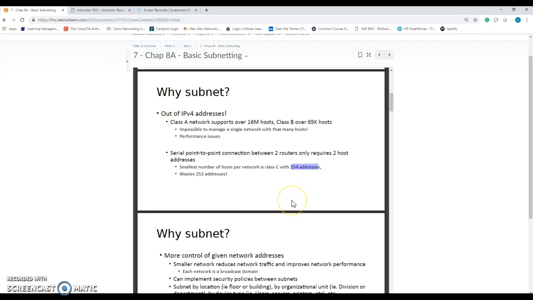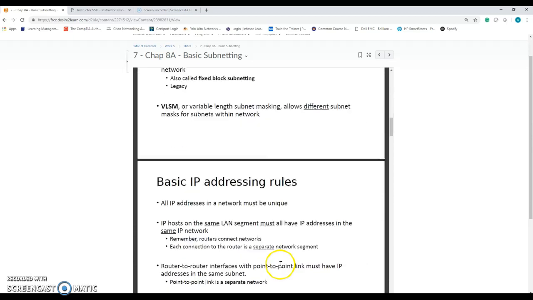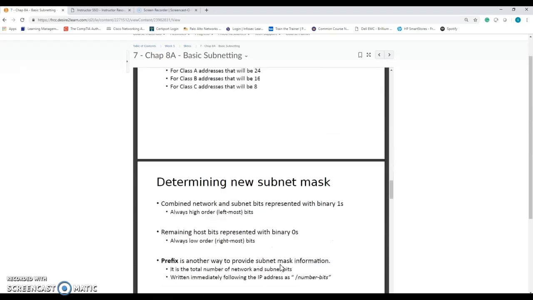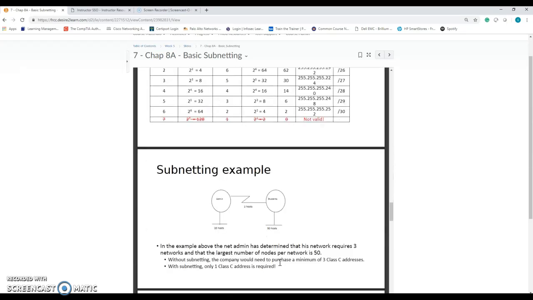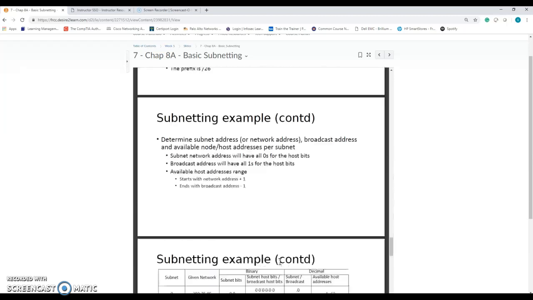So we see how that interaction goes when we start to make these giant networks, or this big network, smaller. There is really no trick to subnetting. It's finding a way that works for you.